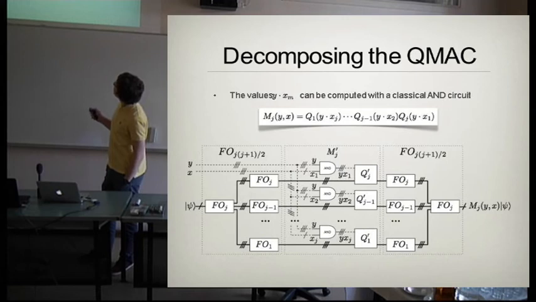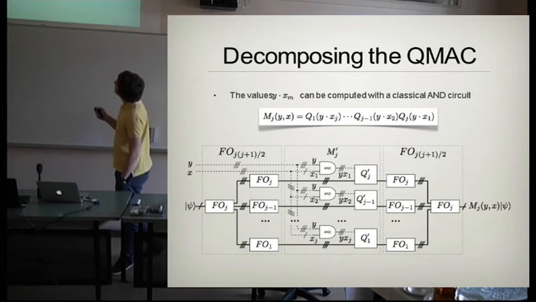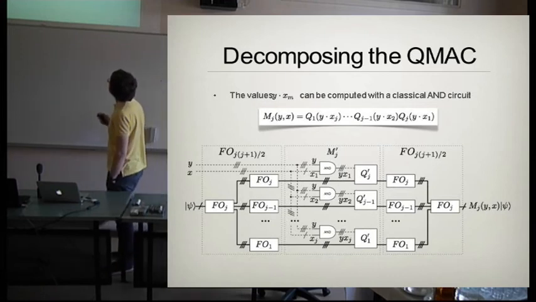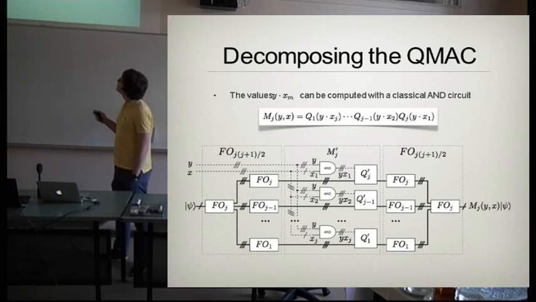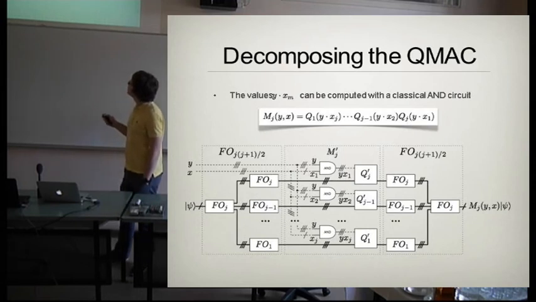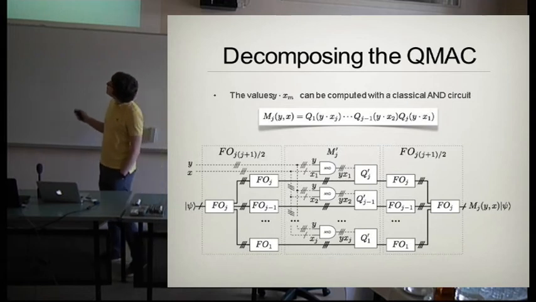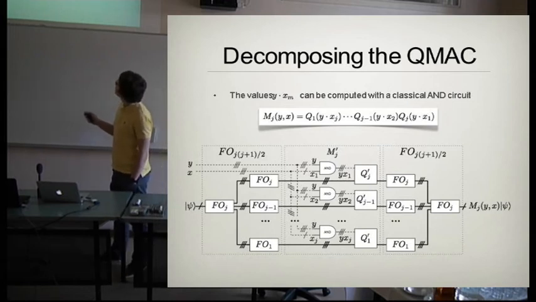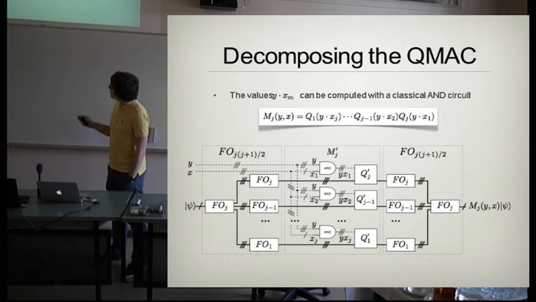Here we take the subcircuit of Q, the parallel version we saw in the last slide, and the value J, which is needed, we multiply with the appropriate bit from X, which we get by performing the classical AND.